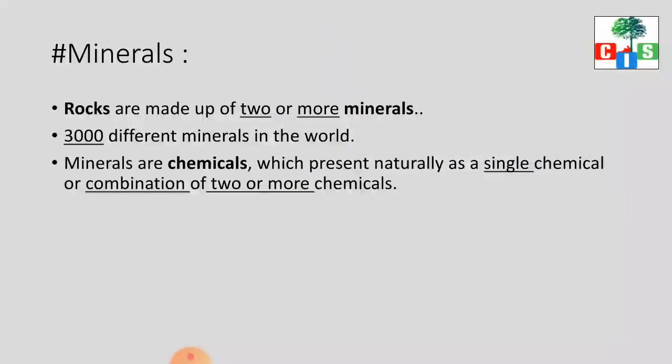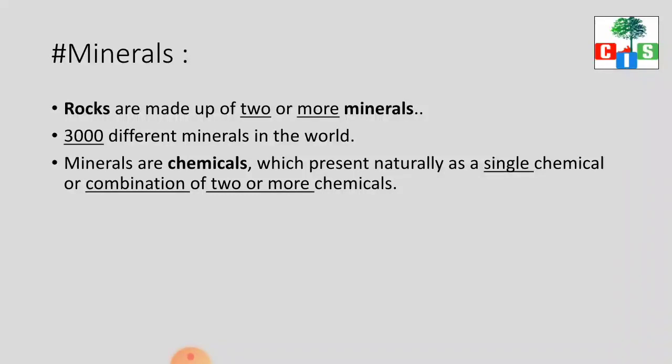Now let's talk about the minerals. What are minerals? Let's see first what is the importance. The 3 types of rocks that we have studied are made up of 2 or more minerals. Almost 3,000 different types of minerals are found in the world. So now what are these minerals?